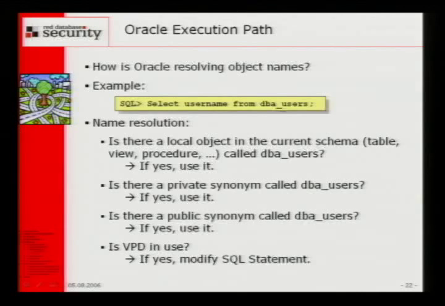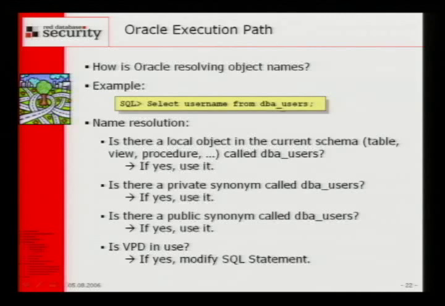Before hiding operating database users, we must check how Oracle is doing the name resolution. So what happens if you are checking for a username? The normal command is select username from DBA_USERS. If you are doing this, Oracle checks first, is there a local object in the current schema called DBA_USERS? If yes, use it. Normally there is no such object.